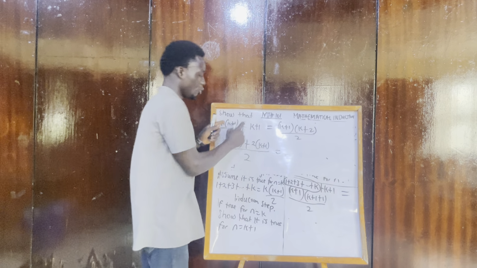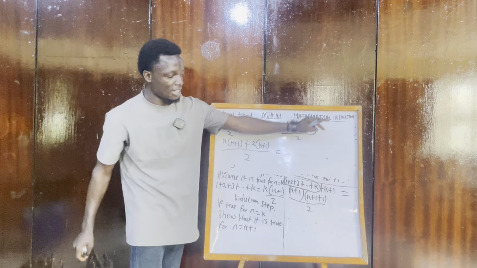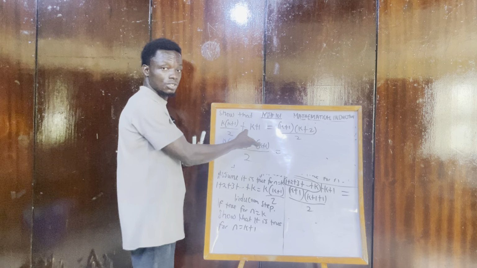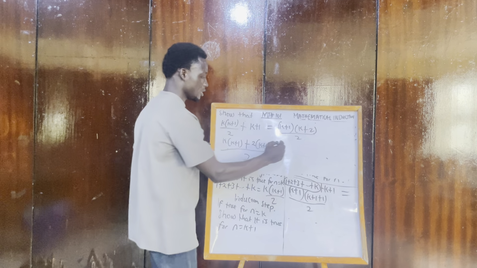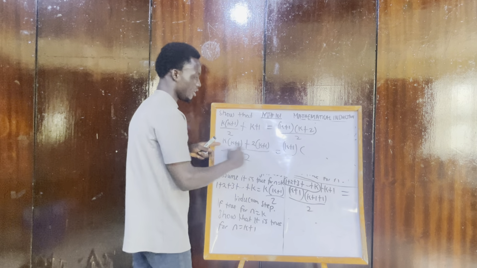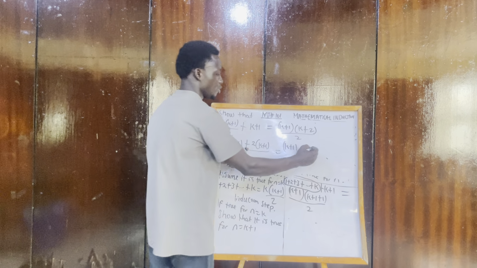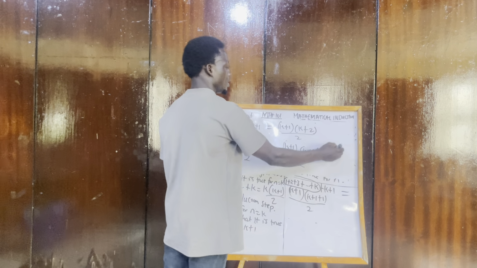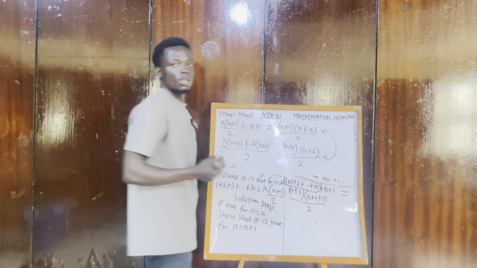I'm not writing the right hand side again. I've left it; I'm only solving the left hand side. Now here, what is common to these two? K plus 1, k plus 1. Just bring out k plus 1. What will you have left over? Here you have k left, and here you have plus 2 left, over 2. You can see that the two sides are now equal.